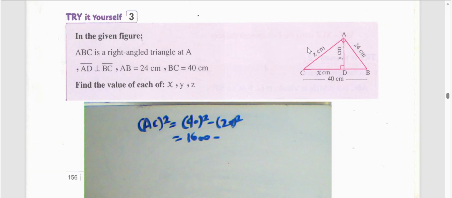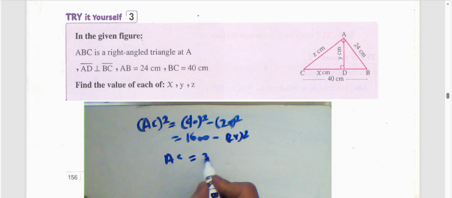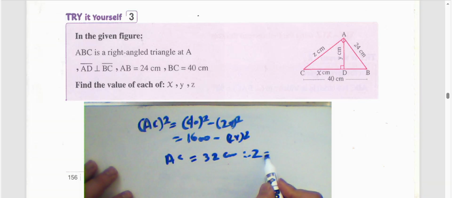Okay, you can use a calculator to find the answer. Then EC equals the square root of the answer, which is 32 centimeters. Then Z will be 32 centimeters.